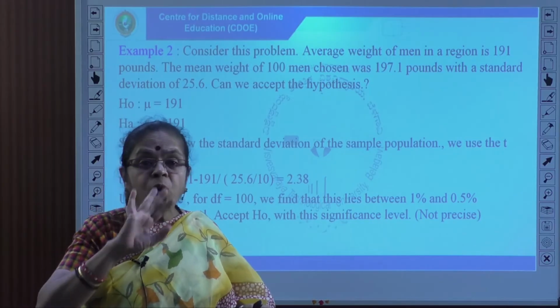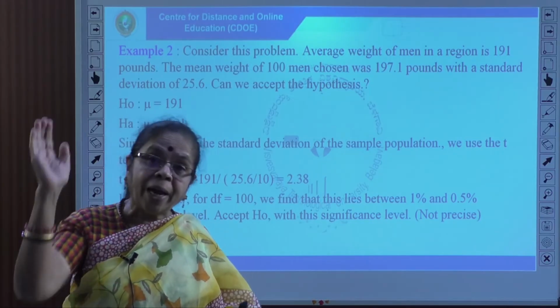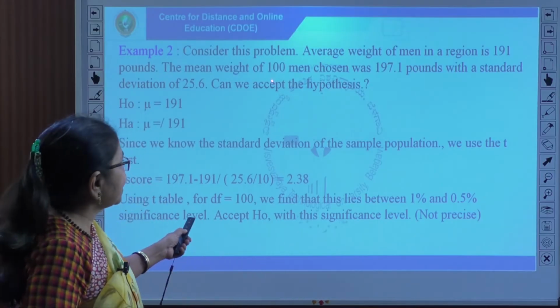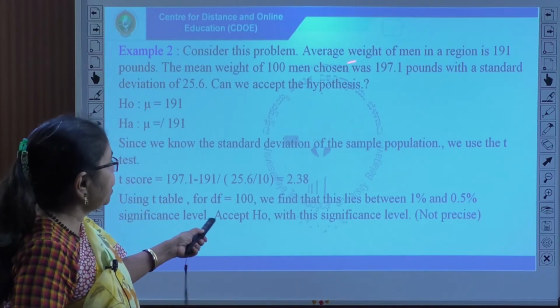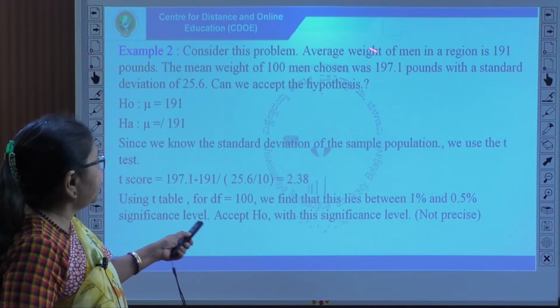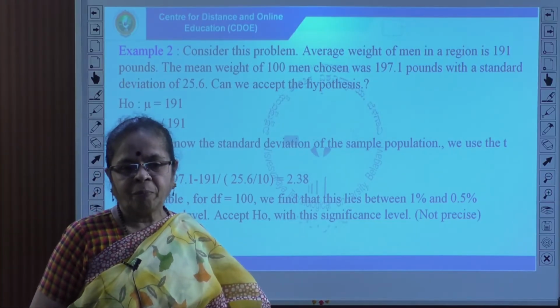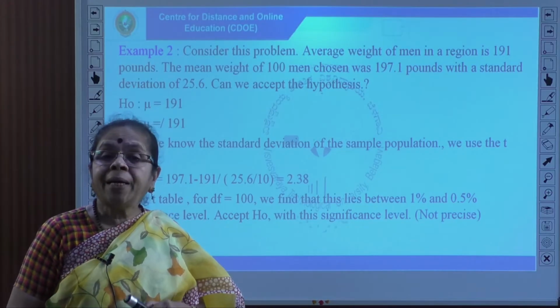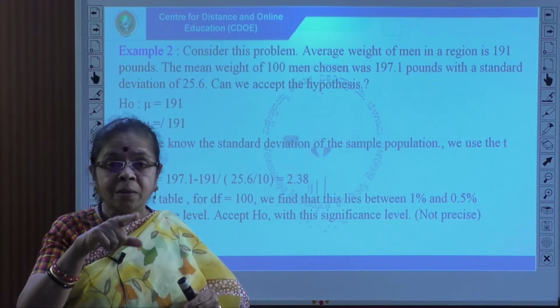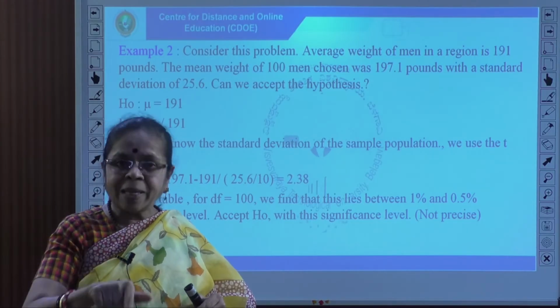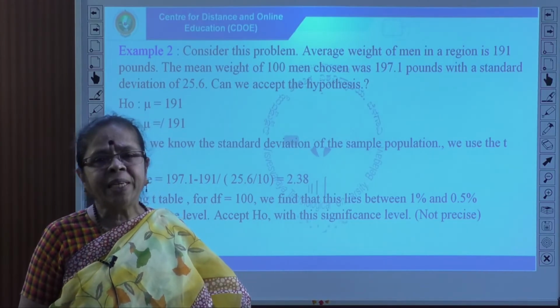Now, here we do not know the standard deviation of the entire population; we only know it for the sample. For this sample of 100 men, the standard deviation is 25.6. I can use Z when I know the population standard deviation. Here I know only the sample standard deviation, so I will use the t-score.